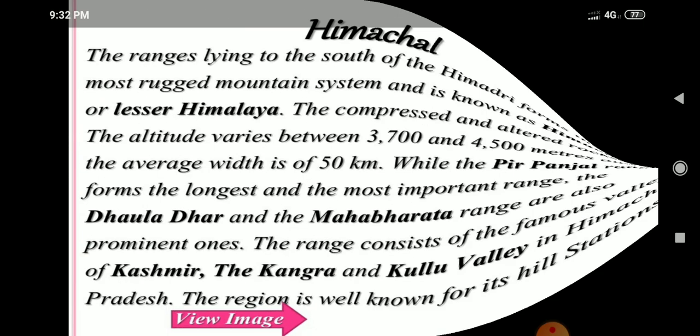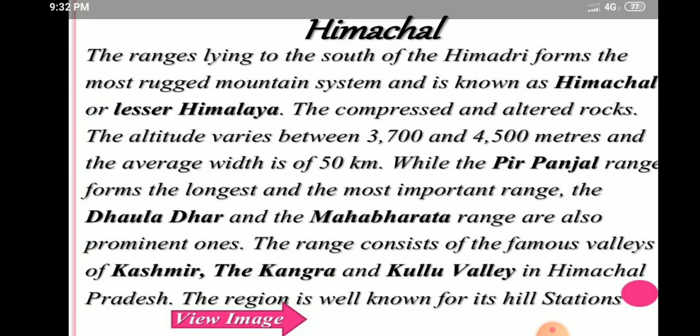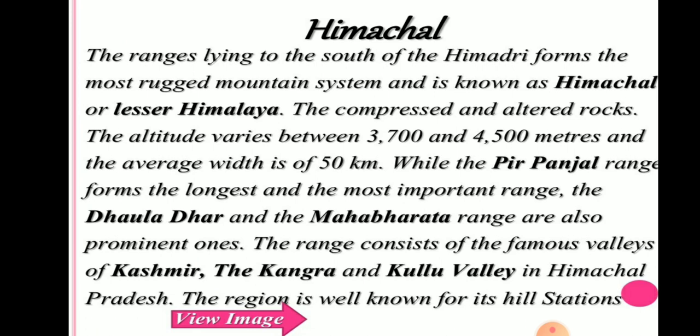Next, we have the second parallel range just south of the northernmost Himalaya: Himachal. The hill range lying to the south of the Himadri forms the most rugged mountains, and this is known as Himachal or Lesser Himalaya.